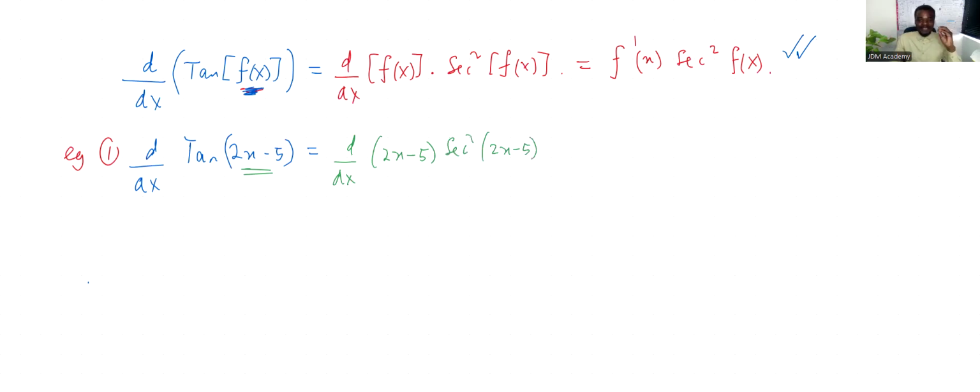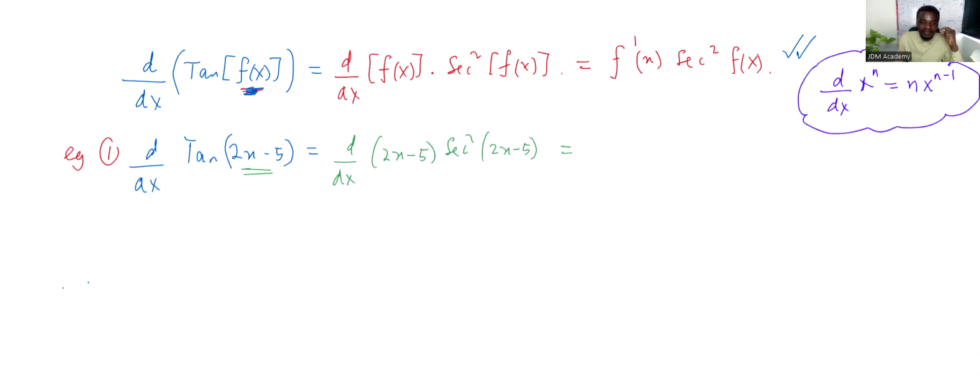For us to differentiate 2x minus 5, we basically need to use this rule. Remember, the derivative of x to the power of n: we bring down the power, we keep x, and then we subtract 1 from the power.